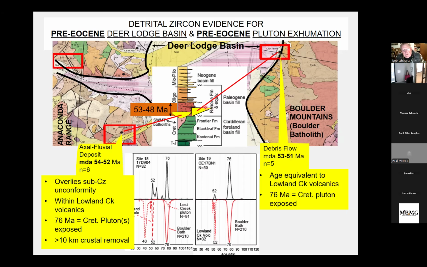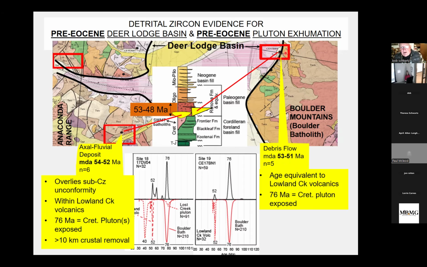So this debris flow was deposited at the time of Lowland Creek, early on in the time interval of Lowland Creek deposition. In fact, detachment on the Anaconda detachment is thought to be about 53 Ma as a result of Foster's and others' work. So this deposit is very old.